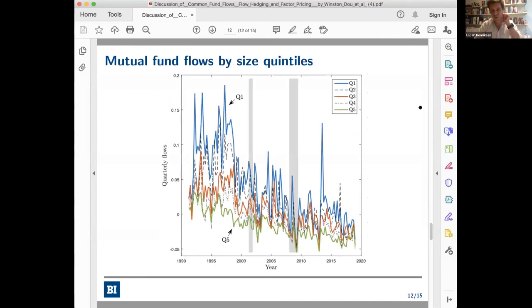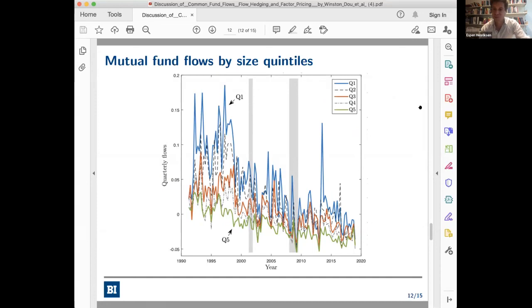So in order to motivate, these are some really fascinating figures from the paper. These show the mutual fund flows by size quantiles. And what you see from this is that the smaller ones, for example, the blue, which is the lowest quantile, have both higher flows on average and are way more volatile compared to, for example, the largest funds, which is the green line at the bottom.